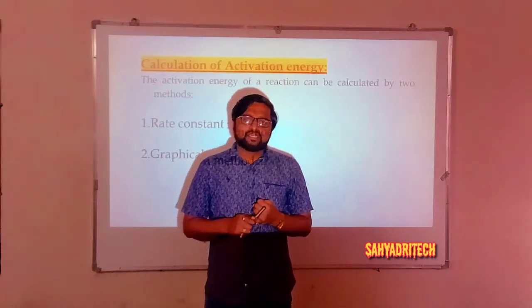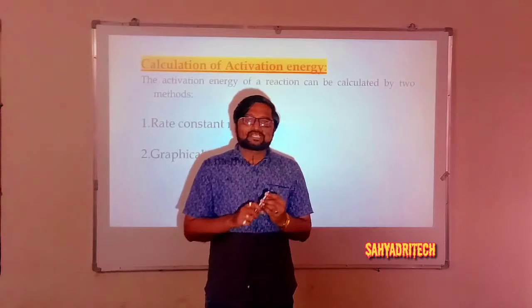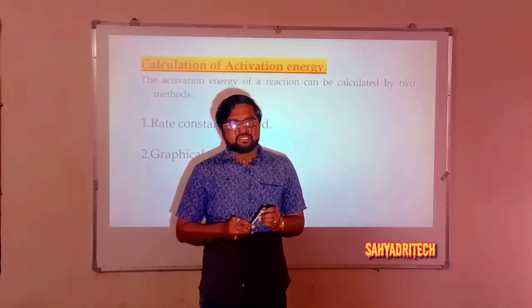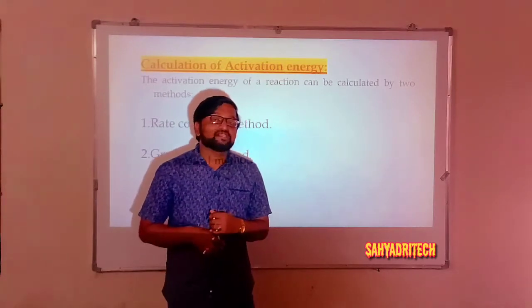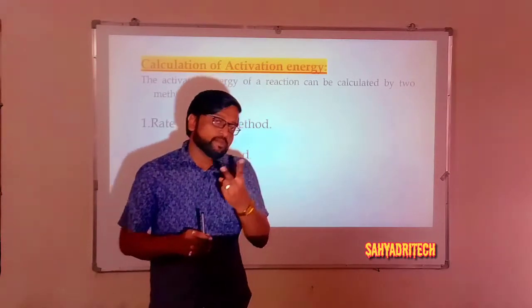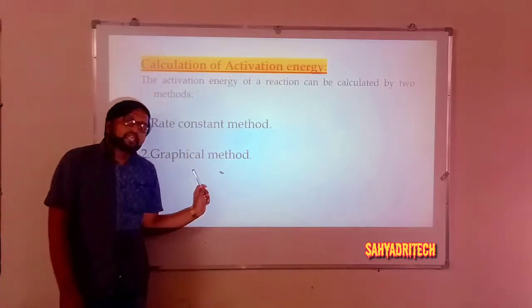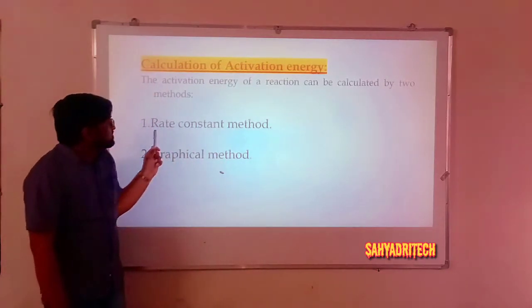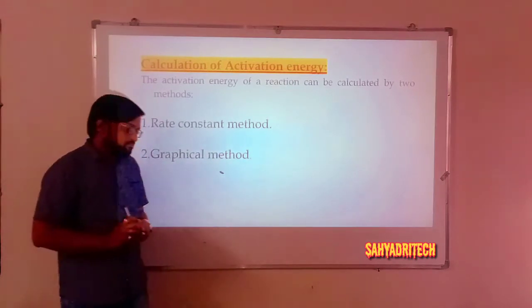To have threshold energy, they have to acquire certain extra energy, called activation energy. For any reaction, how can we calculate the activation energy? We have two methods: one is the rate constant method and the second one is the graphical method.